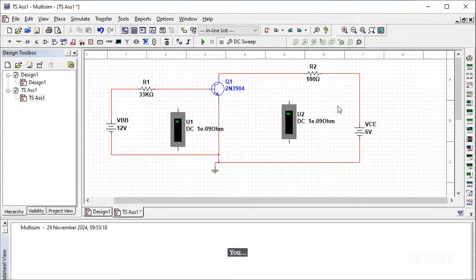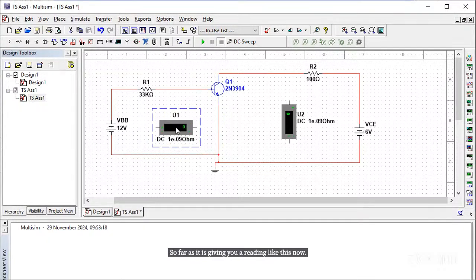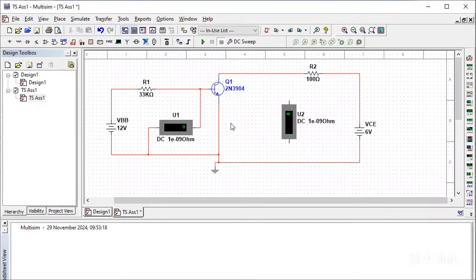You can connect the ammeter anyhow. So far as it is giving you a reading like this now, it can be like this. If you connect this here, connect this here, it does not change anything. Okay, sir.